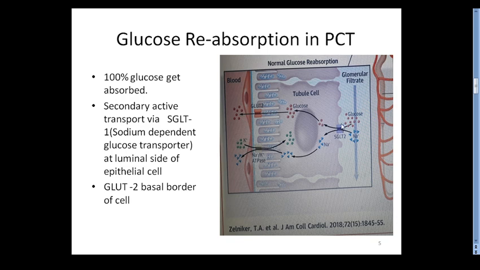Rather, this ion channel is utilizing the energy in the form of electrochemical gradient, which is generated by the active pumping of sodium ions out of the cell in exchange for potassium ions by the expenditure of energy. That's why it is called secondary active transport.